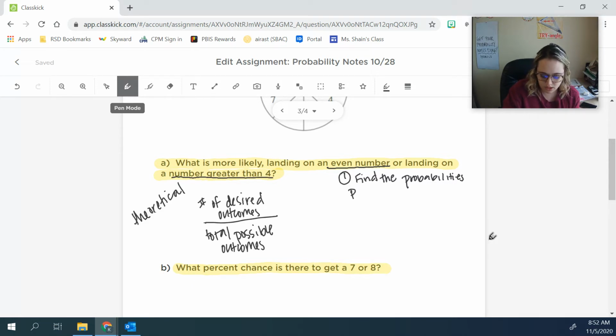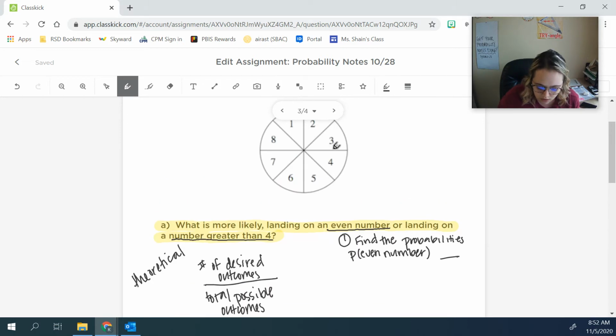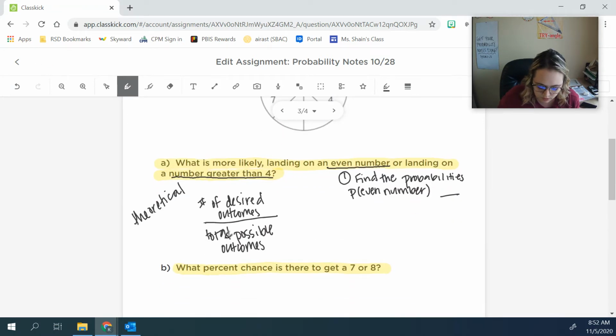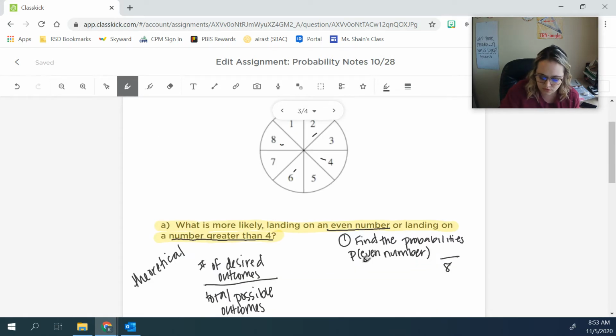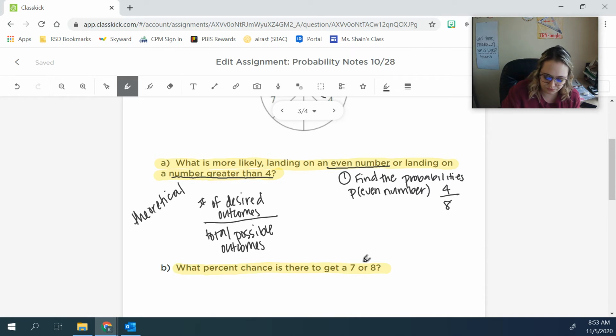So the probability that I will land on an even number, let's see, there are 8 total sections on the spinner, so there are 8 possible outcomes. Now I want even numbers for this one. And let's see, 1, 2, 3, 4 of them are even. So 4 out of 8 gets me an even number.